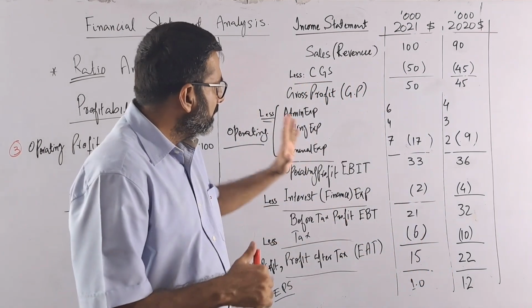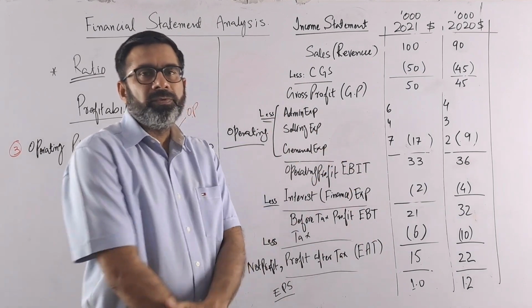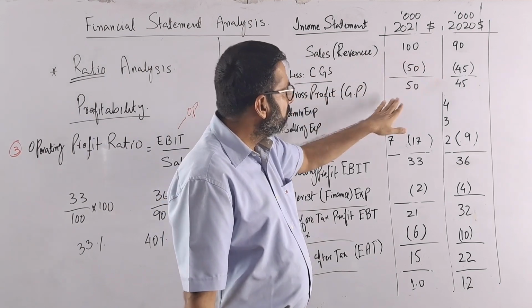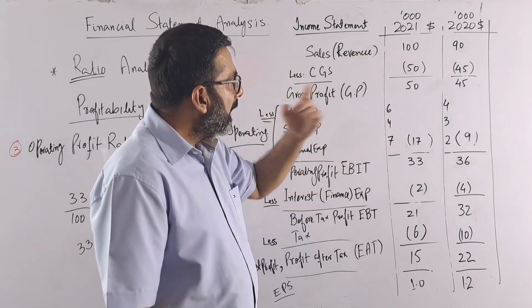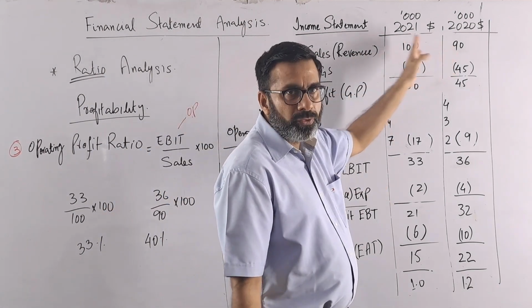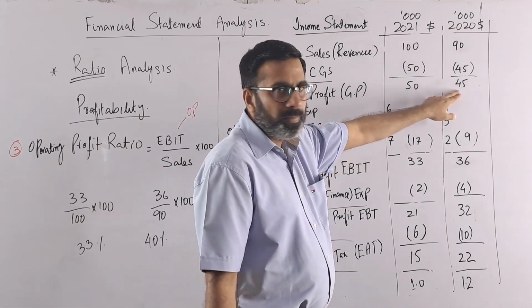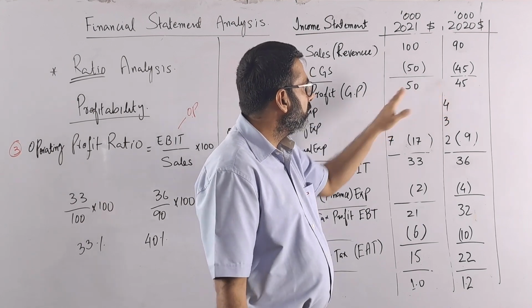Now, some of the values we have used here. If you look at the first one, we have sales and cost of goods sold. The sales improved from 90 to 100. The gross profit went from 45 to 50.